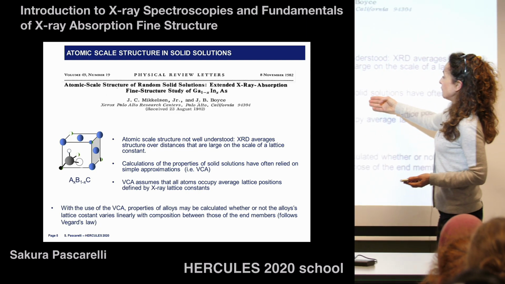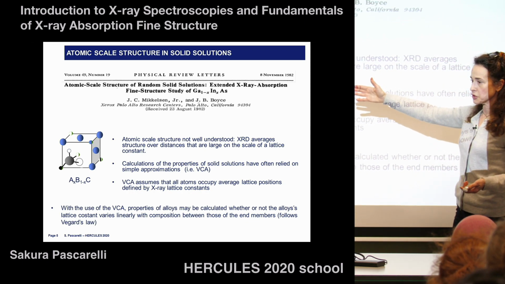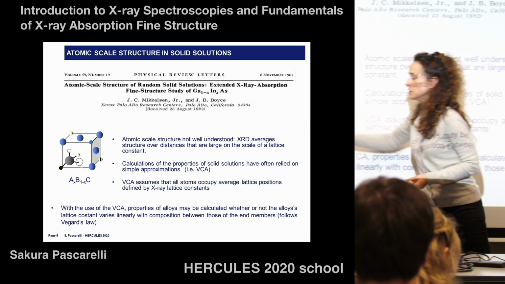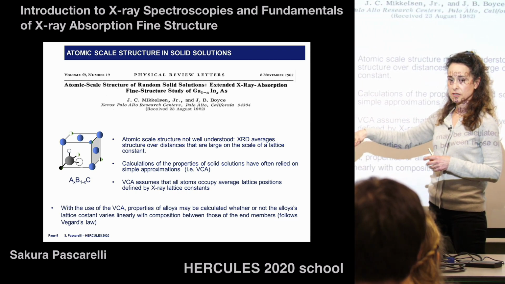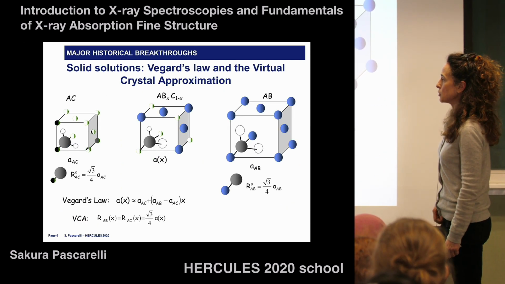So often they were using approximations that told them that these positions were more or less equal to each other. So AC and BC were equal to each other and were equal to the values in the parent compounds. So I added this to make this more clear.